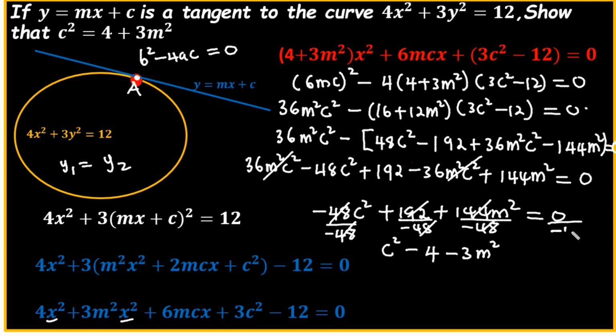And when I divide through negative 48, I'm going to have a 0. So when I transfer the 4 to the right hand side and 3m squared to the right hand side, I'm going to have c squared equal to 4 plus 3m squared, as required.